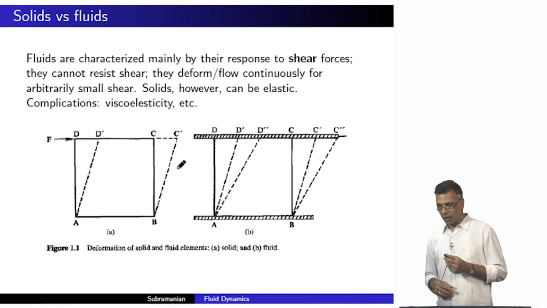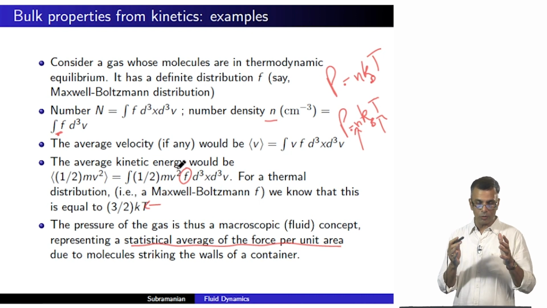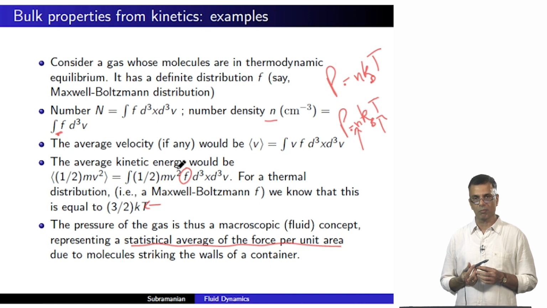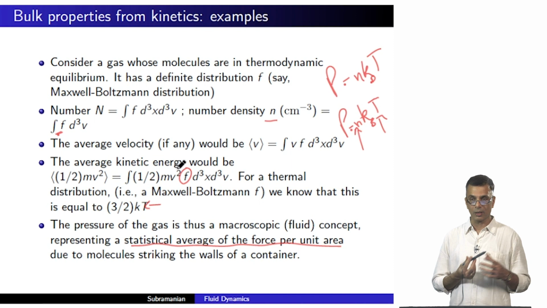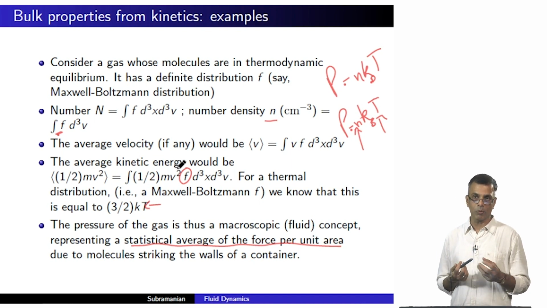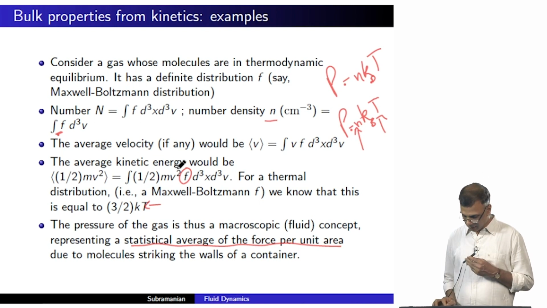So having done that, the whole point of this slide was to justify our description of fluids as a sub branch of continuum mechanics, as opposed to the mechanics of discrete point bodies, right? And so that was that.